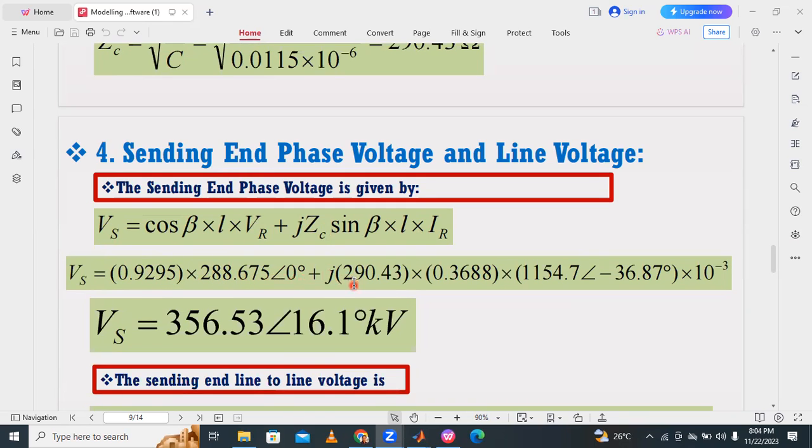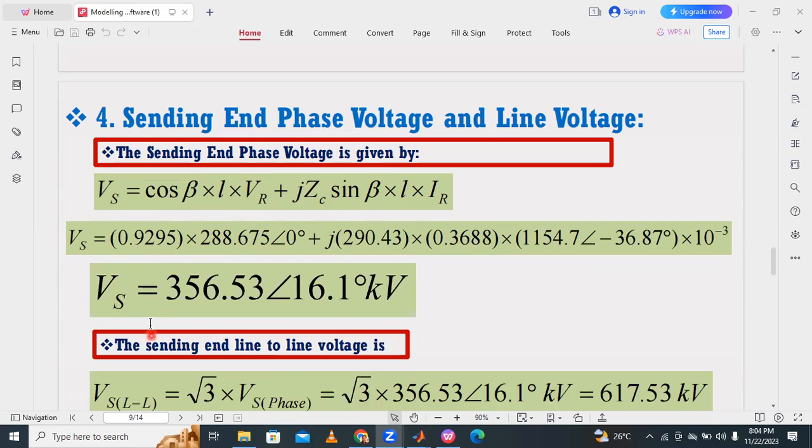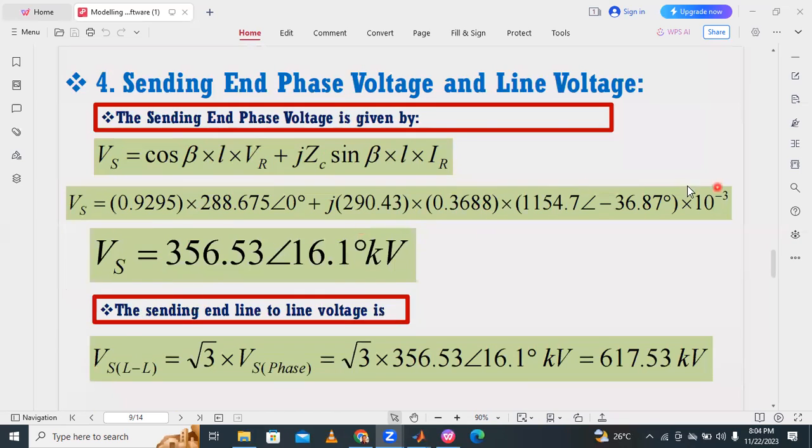Then similarly, ZC is equal to 290.43 and sin beta L is equal to 0.3688. Then IR is the receiving end current. Then by simplifying this we will get the sending end voltage, 356.53 at an angle of 16.1 degrees kilovolts. This is called sending end side voltage.